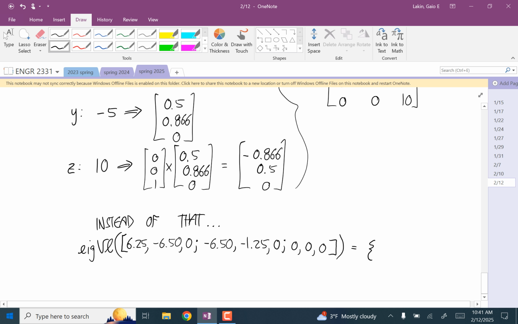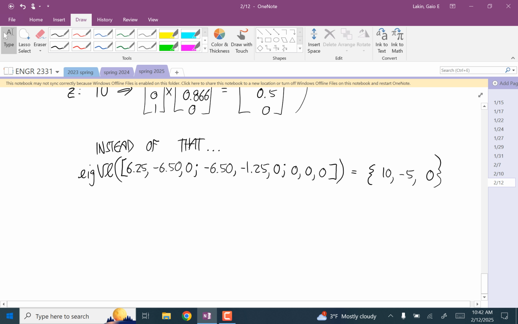And every solver will do that. They'll give you the eigenvalues in the same order that they give you the eigenvectors. They give it in different formats, so you'll just have to look at an example on Wolfram Alpha or whatever you're using. But yeah. And so yeah, it gives me 10, -5, 0.